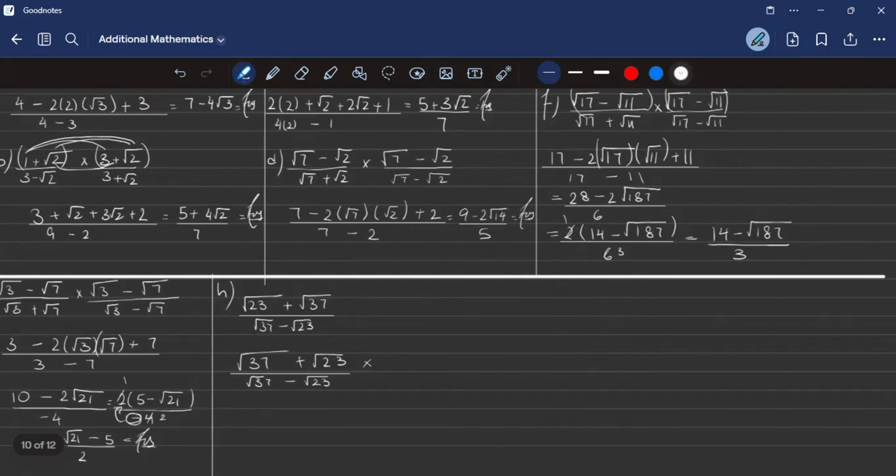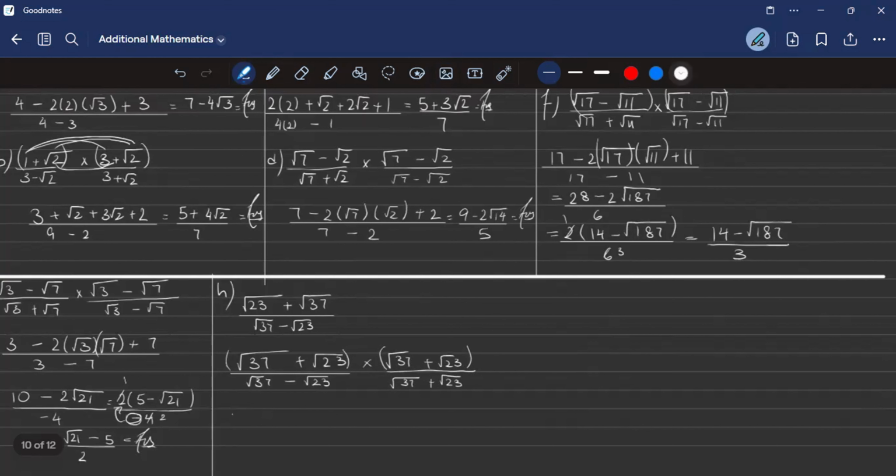And again, we know that two quadratic identities are going to be used. So √37 plus √23 multiplied by the numerator, and √37 plus √23 multiplied by the denominator. We are going to use the quadratic identity (a plus b) whole squared. So what is a squared?